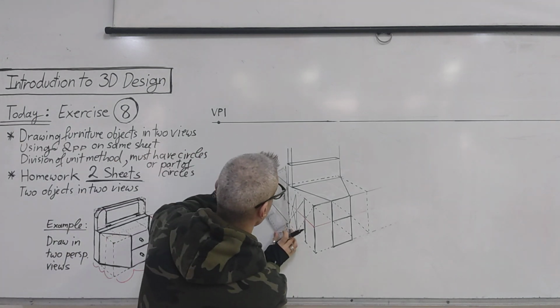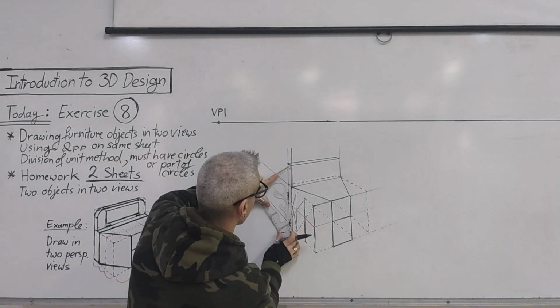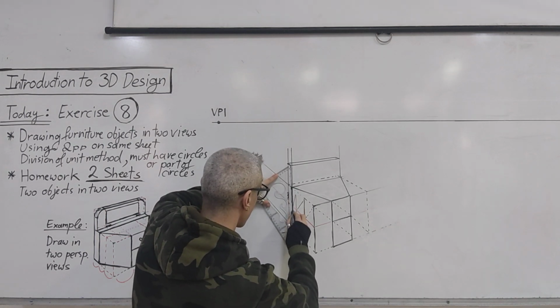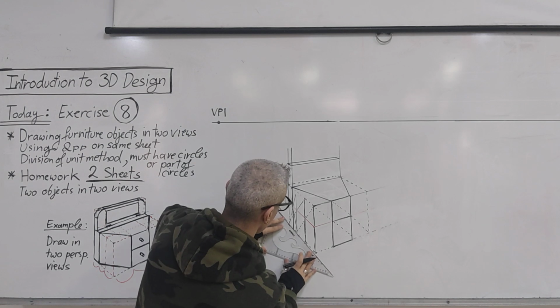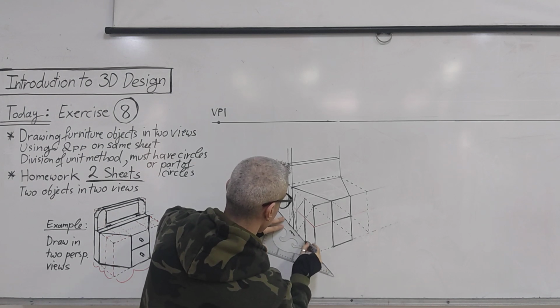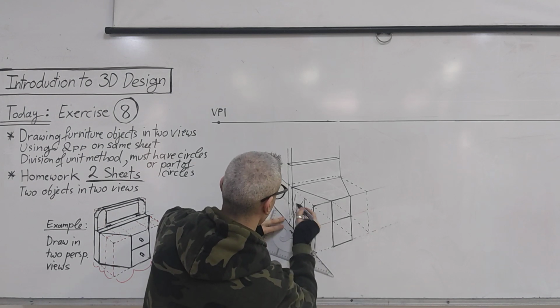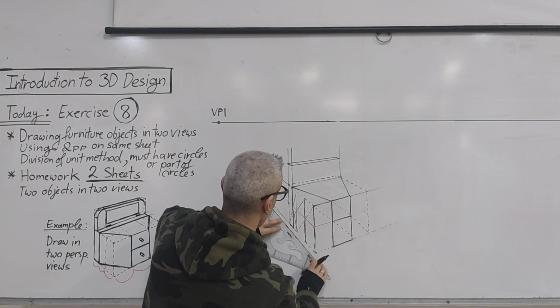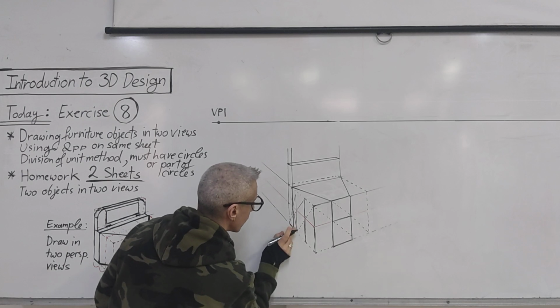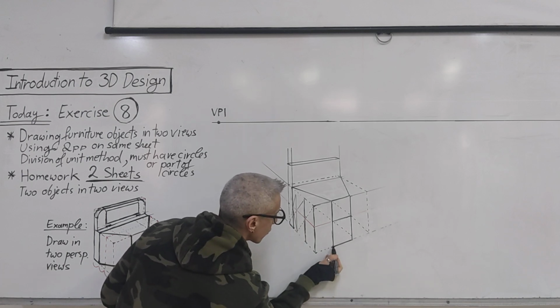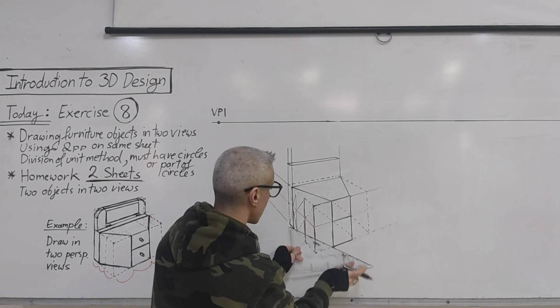Now, let's continue with this here. So this one will also have a corner here through the middle, go down. And this here we need from here to here. And we have to connect from this corner through this corner also.